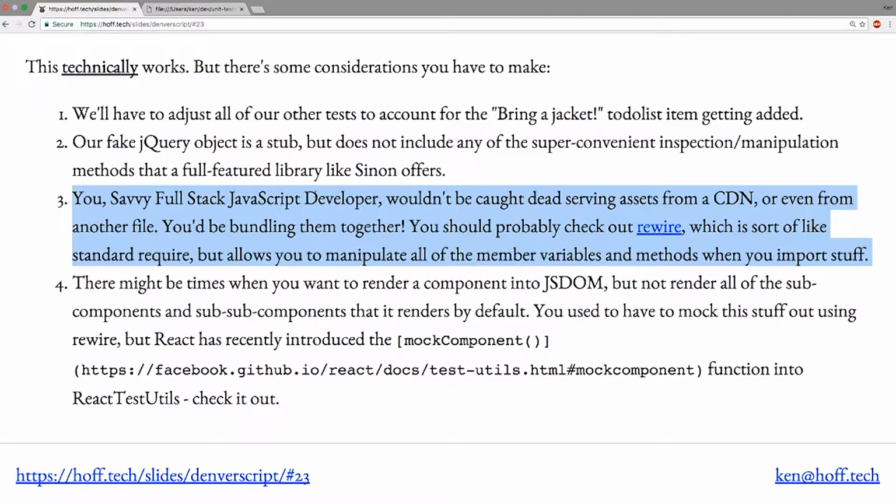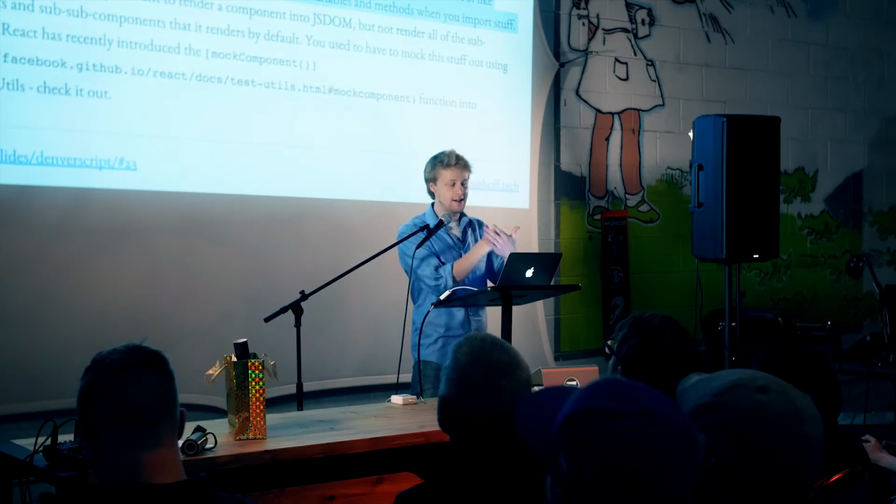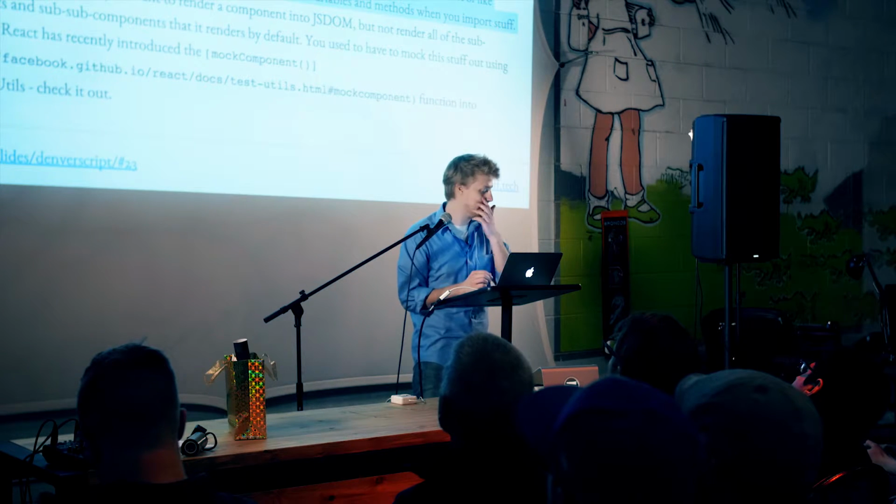And that gets pretty hard. The best way I've found to do it is to use a library called Rewire. I won't go into necessarily how that works, but it sort of replaces a require function, so that you can overwrite member variables within your imported JavaScript files, which is pretty cool, but it also does not work with const. So you have to kind of make a trade-off there.